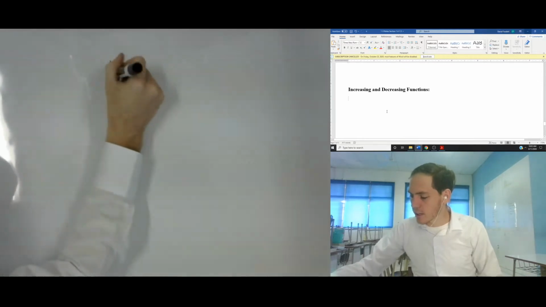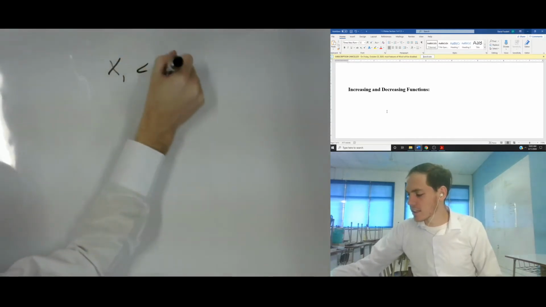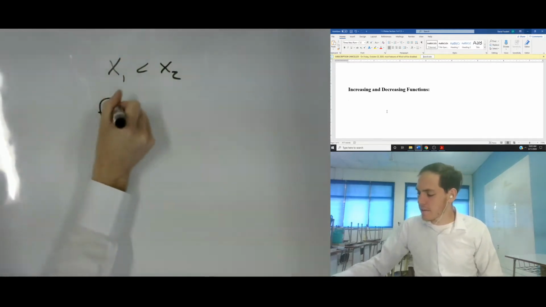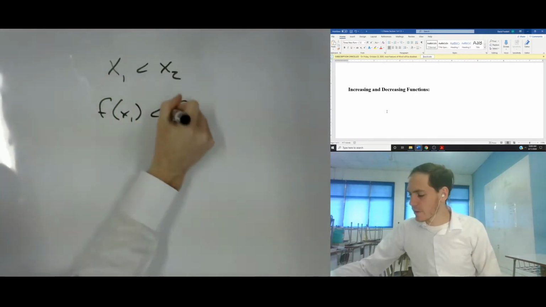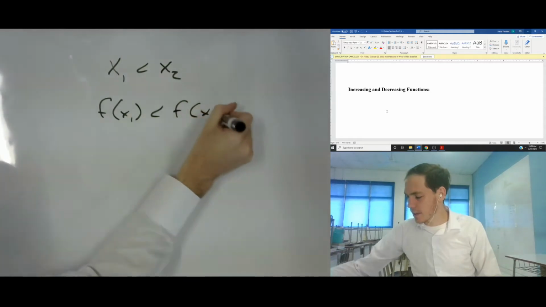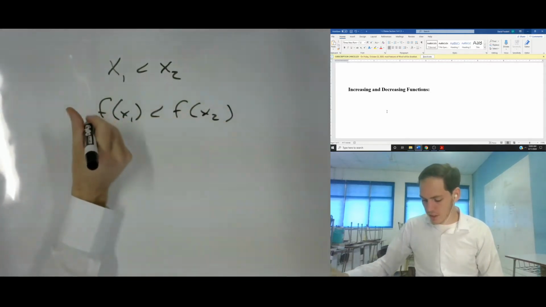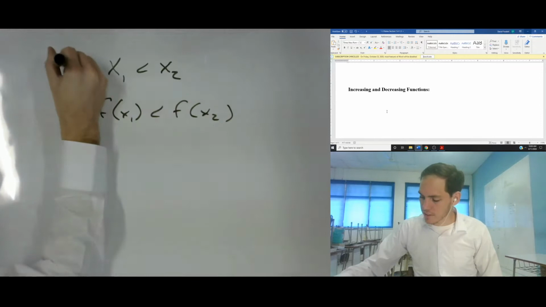Let's talk about increasing and decreasing. So increasing means as our x increases, so if we have two x's, x1 is less than x2, then our function at that point is less than our function at the second point, okay? So this would be increasing.